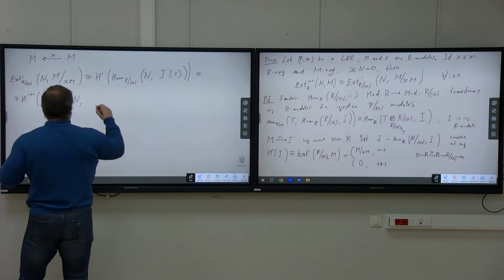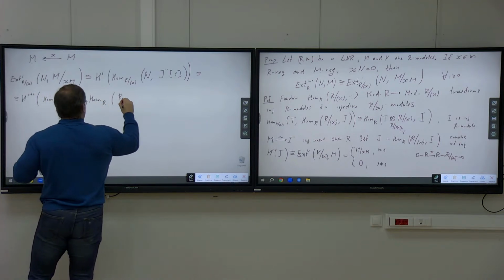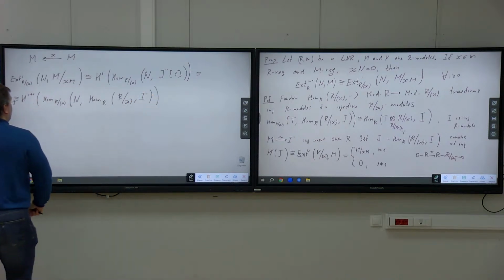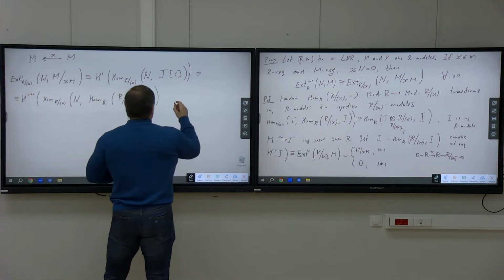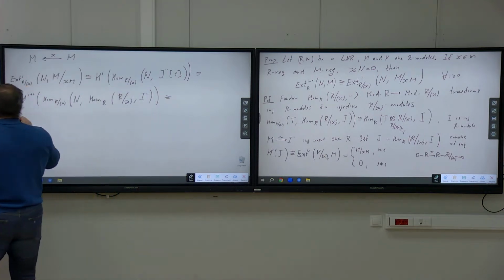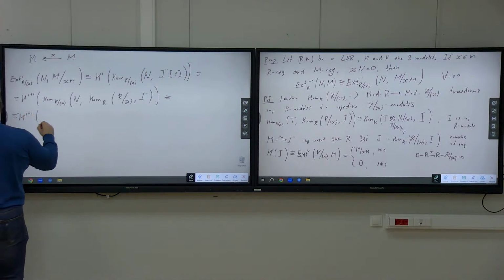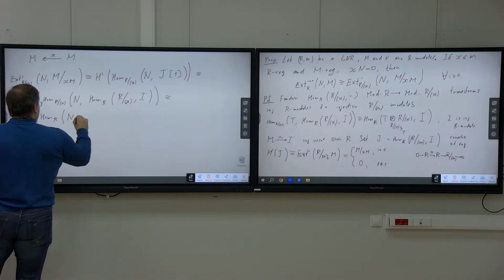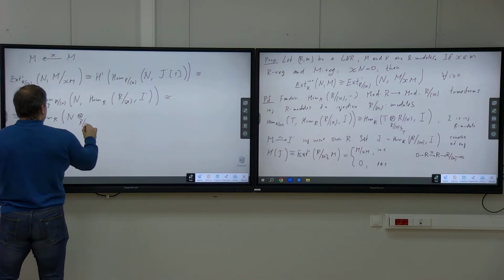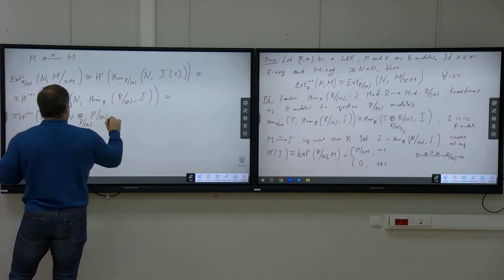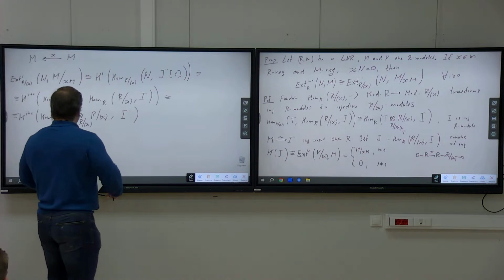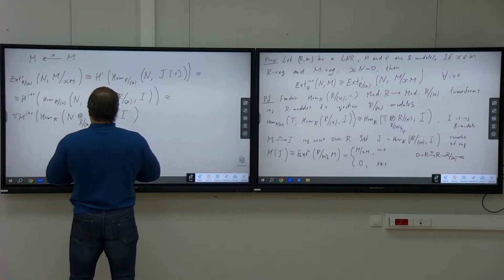And for J, I just plug in the formula that gives me the definition of J. So this is Hom over R modulo X, and use the adjunction. So this is isomorphic to the H i plus 1 over R, and then the tensor product over R modulo X, R modulo X, and the second argument is just I. Okay.